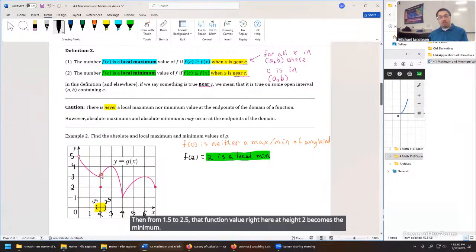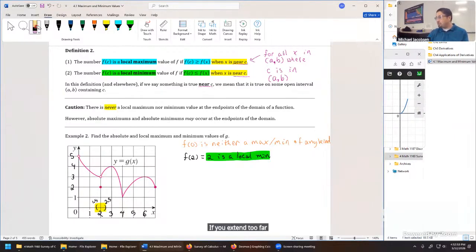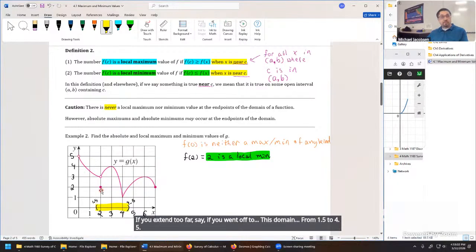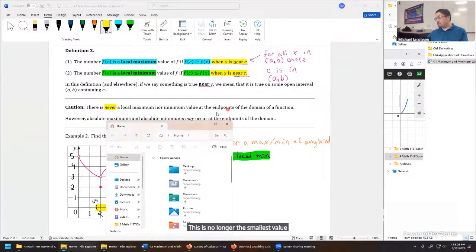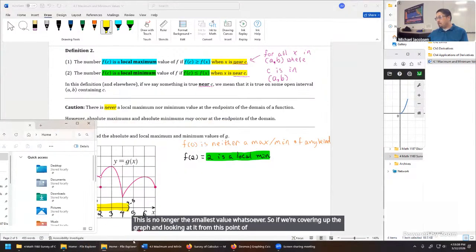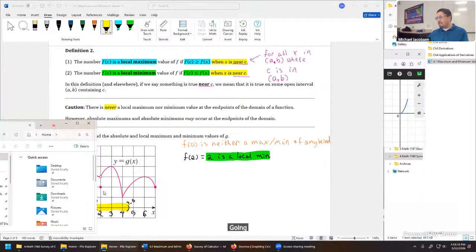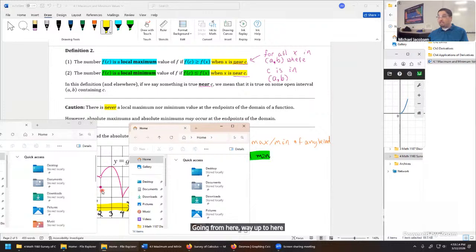If you extend too far, say if you went off to this domain from 1.5 to 4.5, this is no longer the smallest value whatsoever. So if we're covering up the graph and looking at it from this point of view, going from here way out to here, that's not a local minimum any longer, but that's okay.